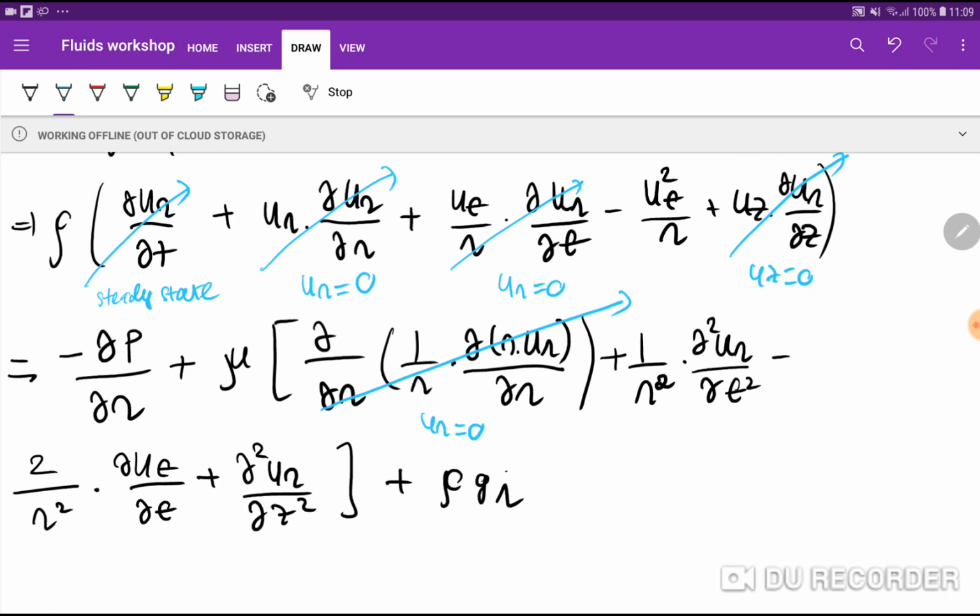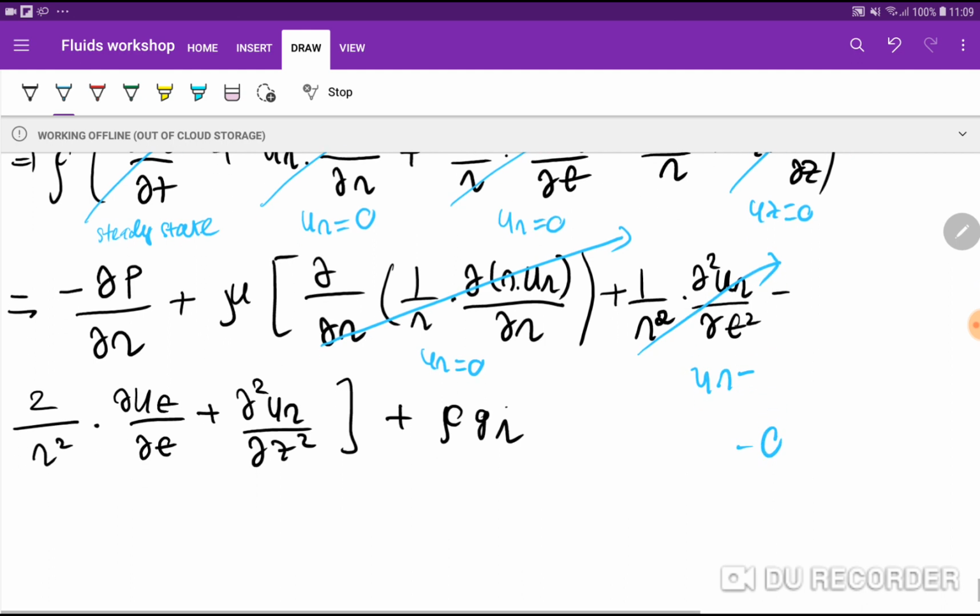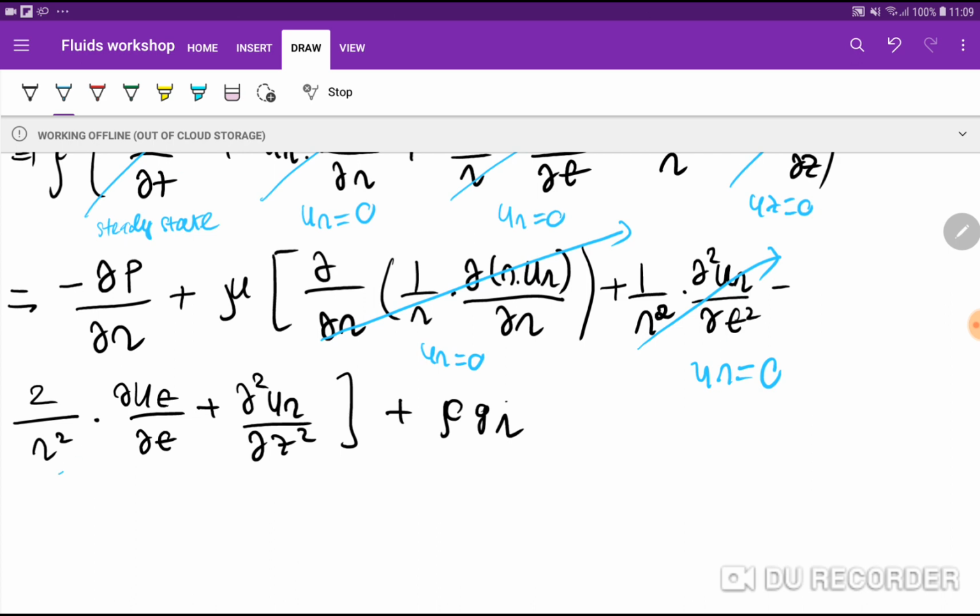My bad. This term right here cancels out because u_r equals 0. This term cancels out because of the continuity equation, because ∂u_θ/∂θ equals 0 due to the continuity equation. Okay.